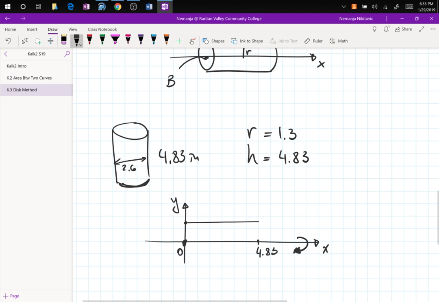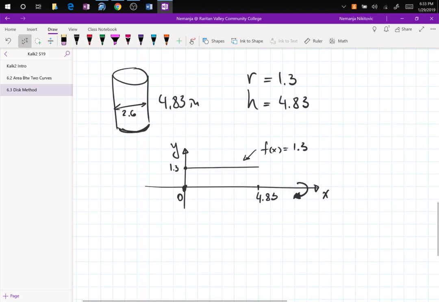This height over here is at 1.3, creating this function f of x equals 1.3. It's a constant function because the Coke can is flat. As I rotate this, I'll use, let's say, blue, it will create the Coke can around, right?